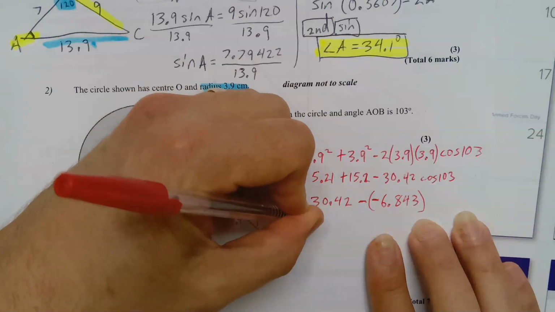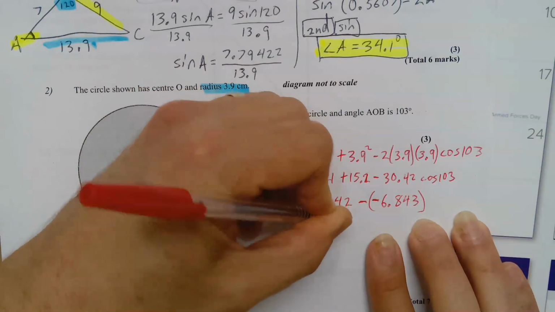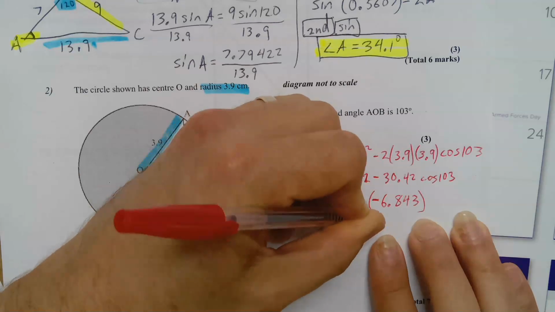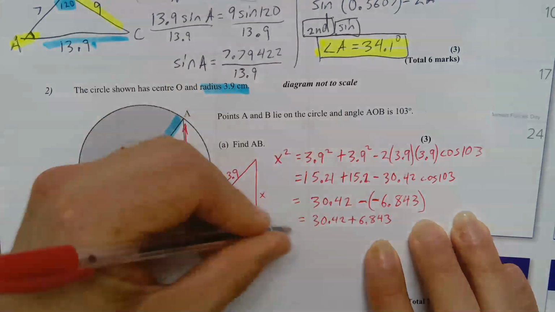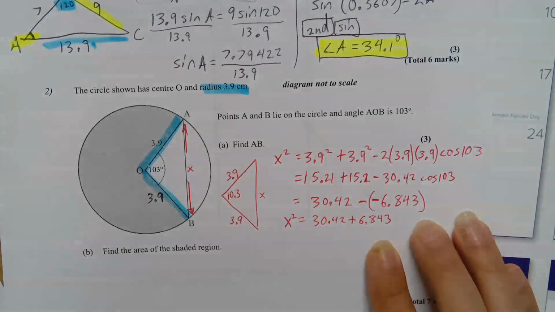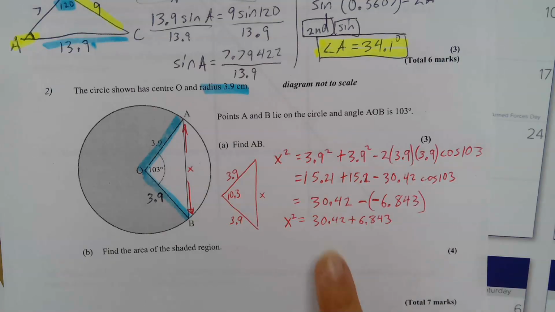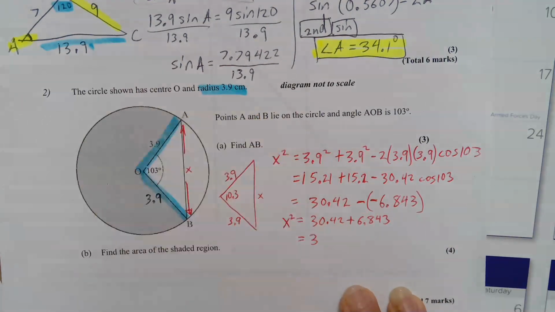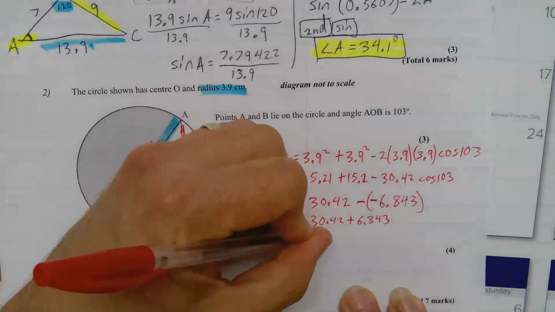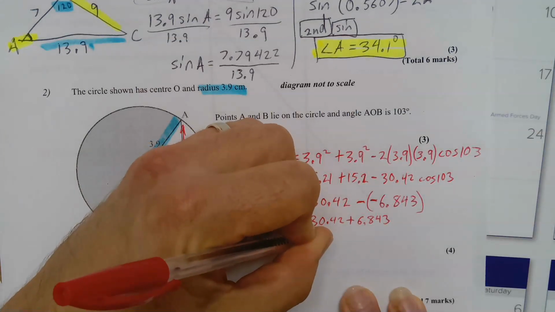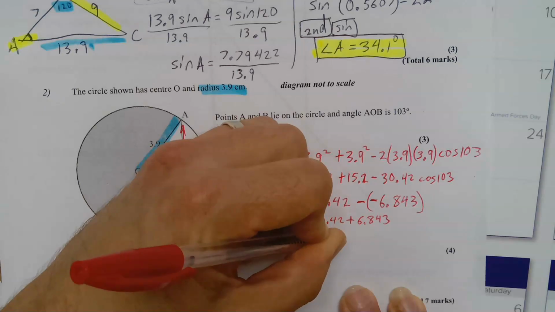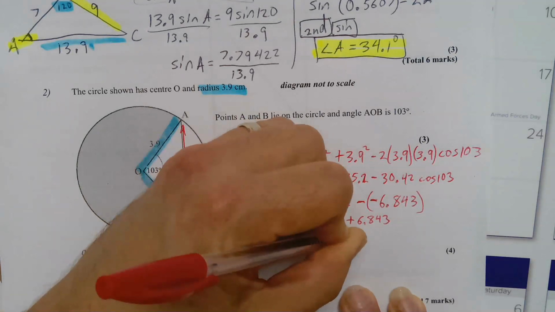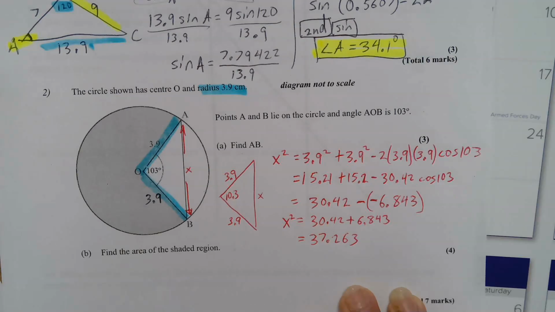So I have 30.42 plus 6.843. Remember, this is the side squared, so we're going to eventually take the square root. Add these together, we get 37.263.